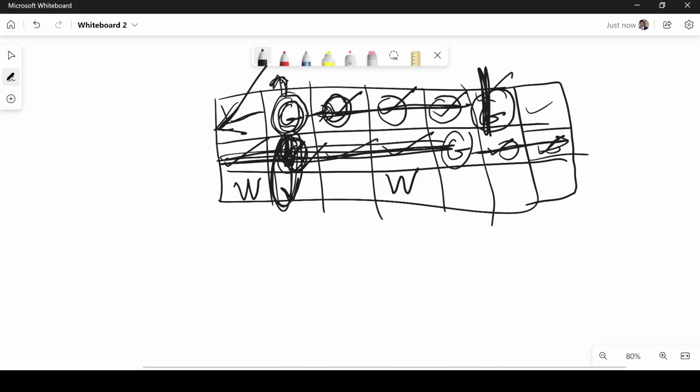Now if we just consider one more example, if a guard is present here also, that means in the last row, so this guard can see in the left direction, and when he sees in the left direction, he can guard this cell, but the next cell is already occupied by a wall, so we can't move beyond this particular cell. So this guard can only guard this cell on the left side.